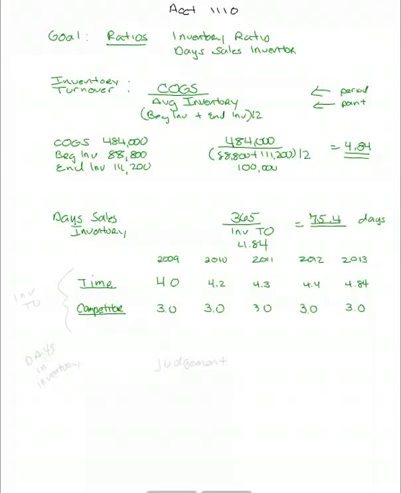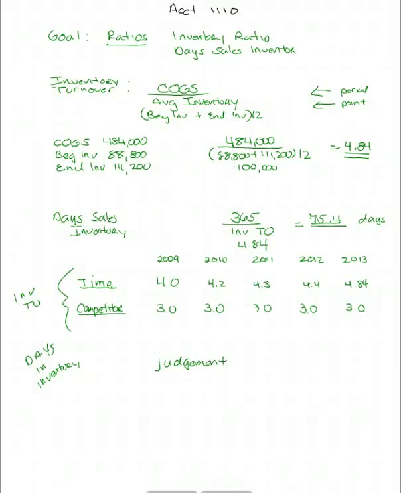Now how about the inventory on hand, the 75.4? The only way you could really analyze days in inventory is to look at your inventory over a period of time and see if you tend to be having more on hand and less, and then compare that to your competitors and then make a judgment.